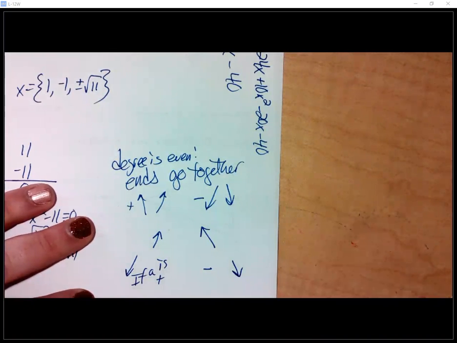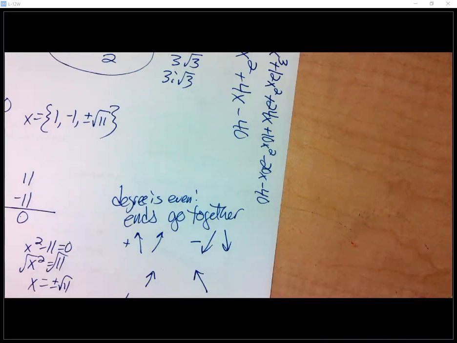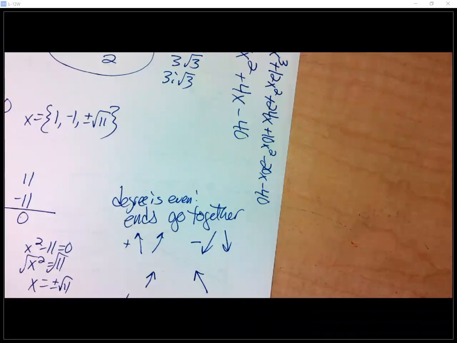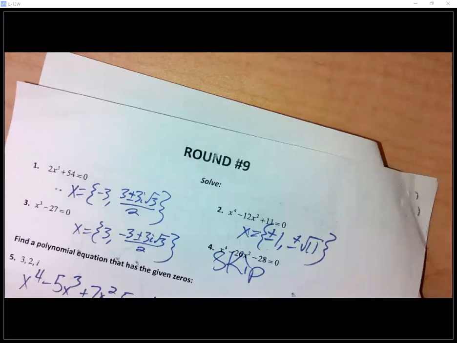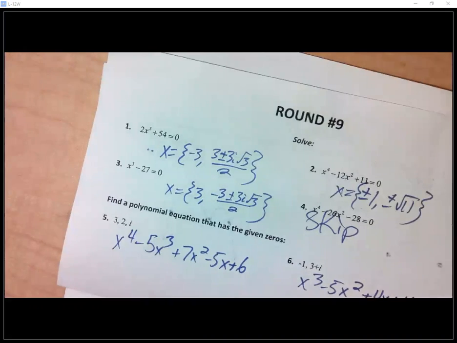What else you got? Can you do like 5 or 6 on 9? Sure. Okay, so let's take a look at 5. Here's 5.